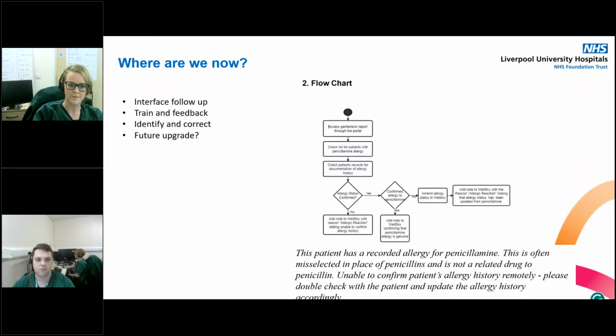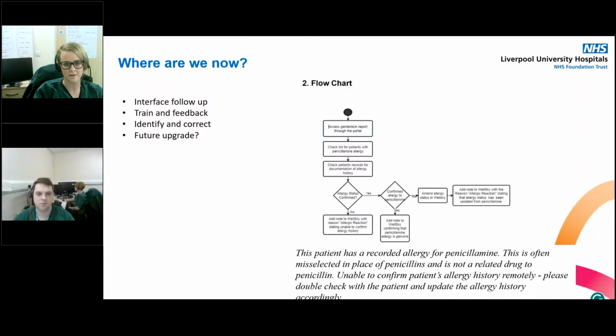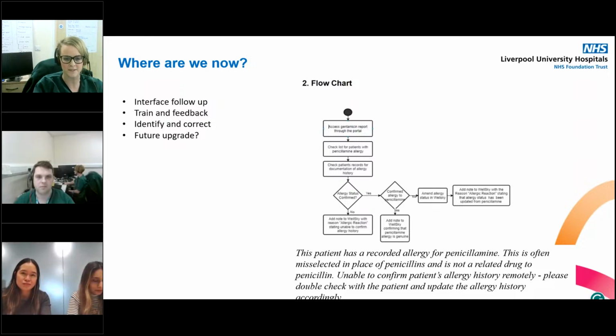Lots of the penicillamine incorrect reporting is being picked up. The reports are being run weekdays and weekends now, so it should be minimal, but something to consider. Training and feedback is ongoing. Identification via our reports and correction seven days of the week is in place, and to view whether a further future upgrade would mitigate entirely would be the optimal position.